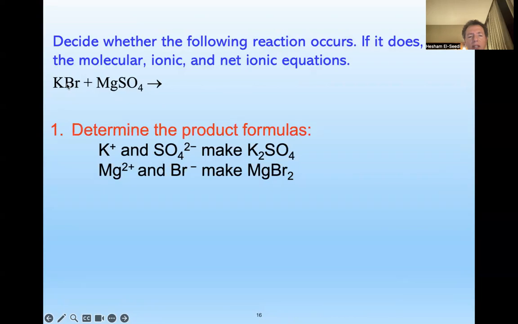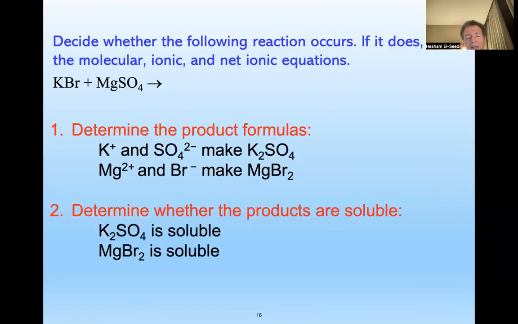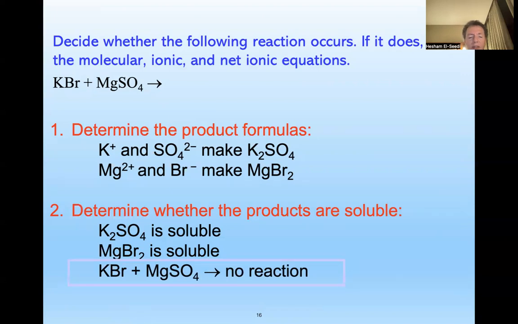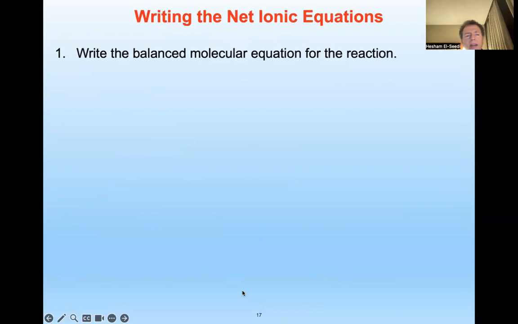Then the magnesium will take the bromide, magnesium bromide. So try to practice with examples like that. You will find it is really easy to work with, and what is soluble, what is insoluble. So in the end, it is KBr with magnesium sulfate.